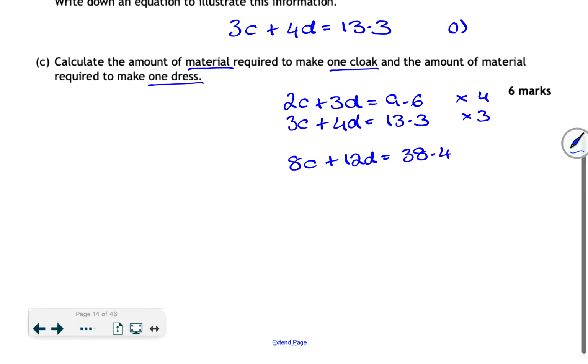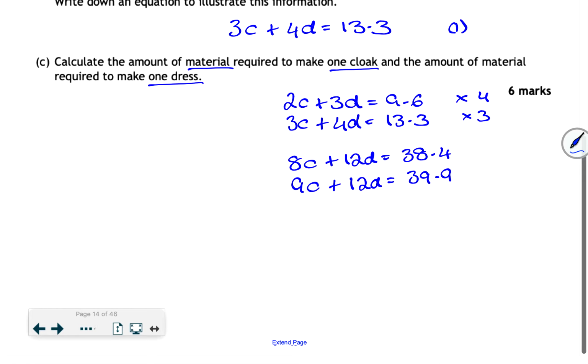Now, simultaneous equation questions can appear either in a non-calculator or a calculator paper. All they'll do is just make the numbers a bit trickier if it's calculator. Then it's going to be 9C plus 12D is equal to 13.3 times 3, which is 39.9.